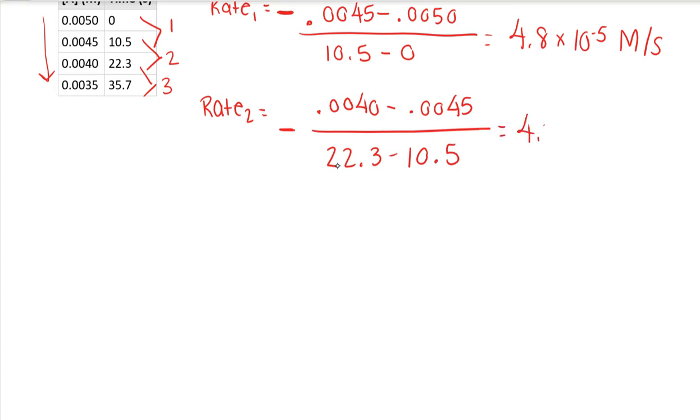And this would get me 4.2 times 10 to the negative fifth molar per second.